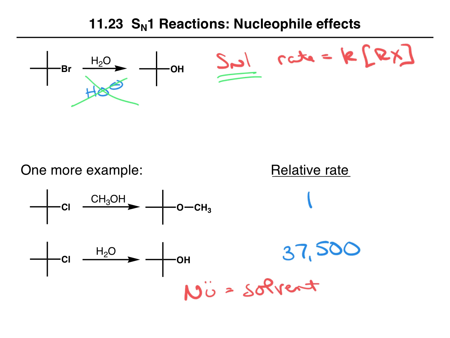So technically, the nucleophile doesn't affect the rate of the reaction. The solvent is what affects the rate of the reaction. So the nucleophile does not appear in the rate law, but we do have to take into consideration then not nucleophile effects, but solvent effects.